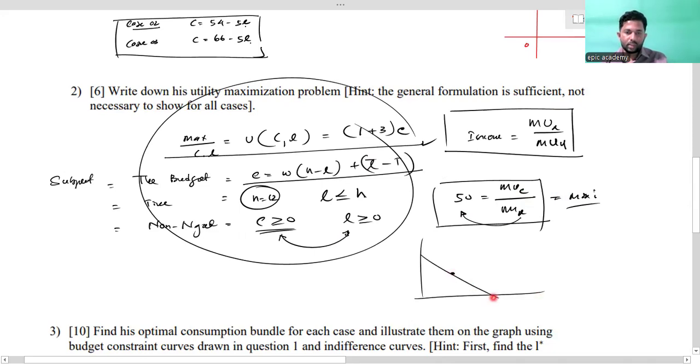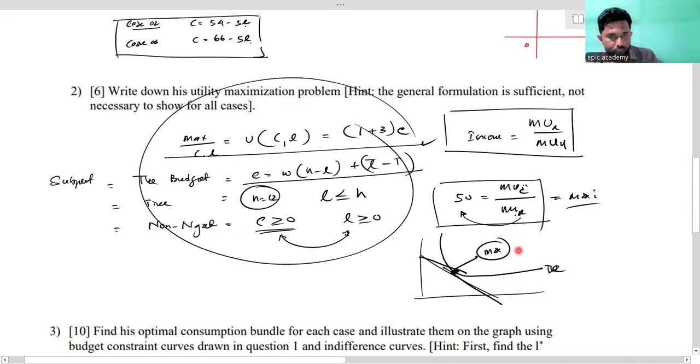This budget line represents the income, but the IC curve represents the preference of the consumer. That is what we call marginal utility. So the marginal utility curve touches the budget line. That's the meaning of maximizing the utility, right?